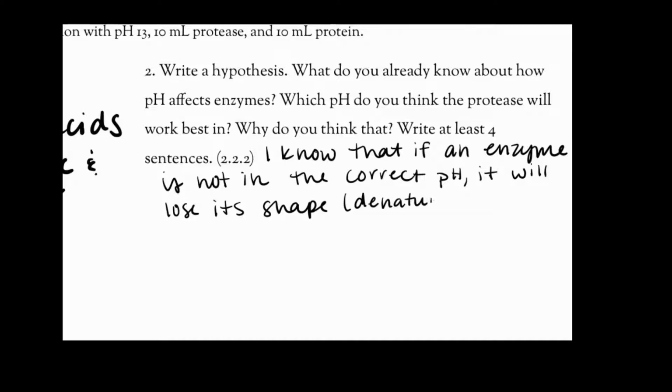It will denature. So which pH do I think protease will work the best in? Well, pH 2 is super acidic. That sounds pretty harsh. pH 13 is pretty basic. That also sounds harsh. So I'm going to guess that protease will function best in the neutral solution, pH 7, because I don't think that will cause the enzyme to lose its shape.